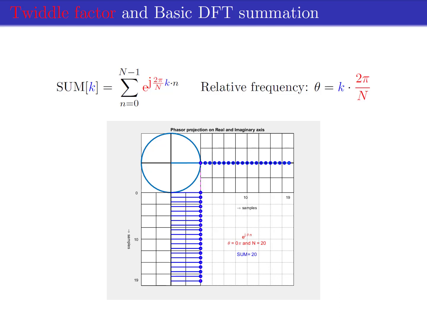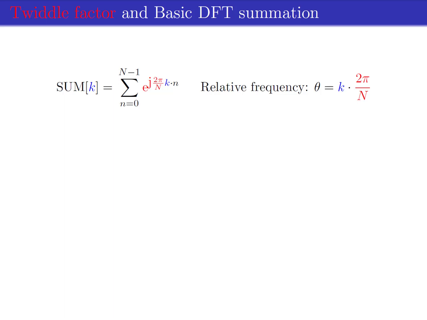This reasoning holds for any phasor frequency which equals an integer number times 2 pi divided by N, since the phasor maps to the same value 1 on the real axis and 0 on the imaginary axis, and the summation adds up to N is 20.